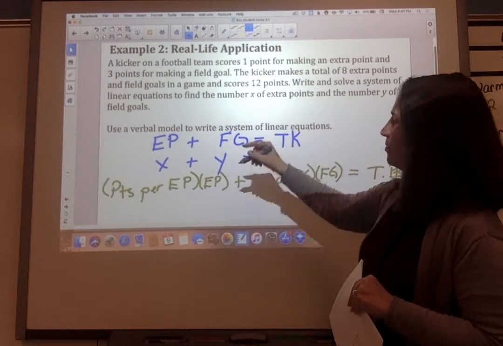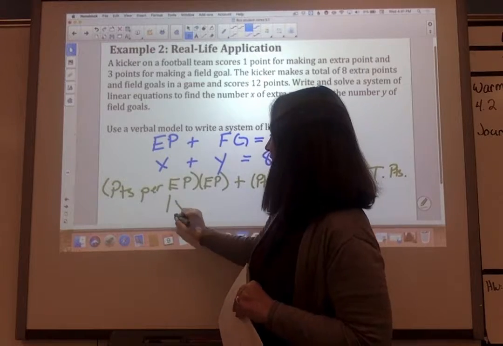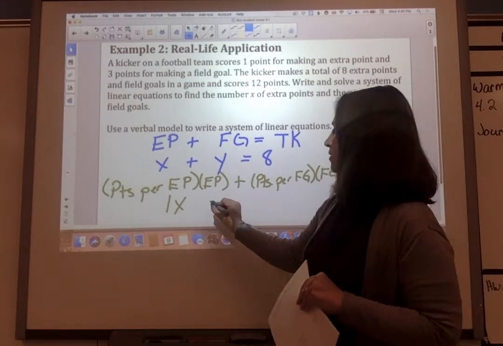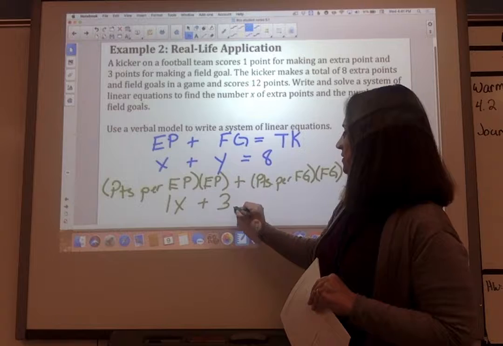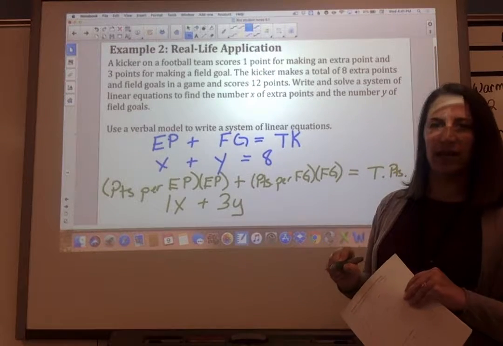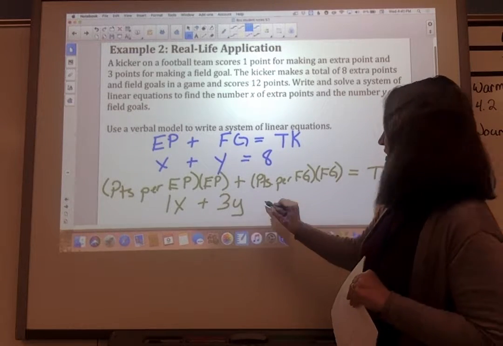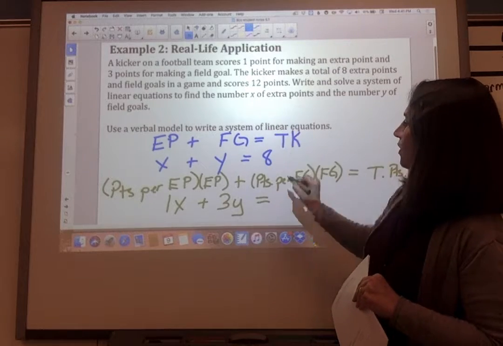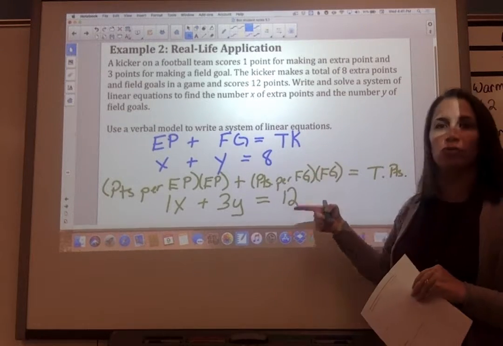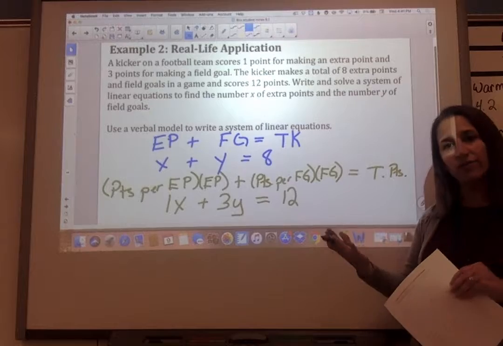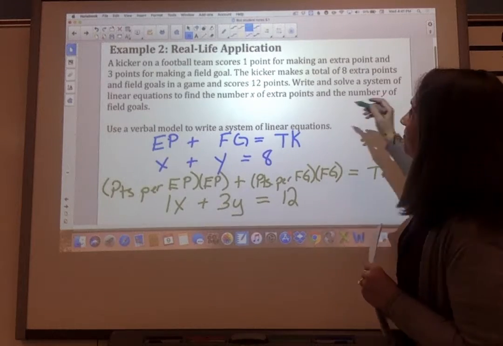Okay, so we know we get 1 point per extra kick, plus 3 points per field goal, that's 3 times y, the number of field goals, equals 12 points. So here we have two equations that we are going to graph and find the solution.